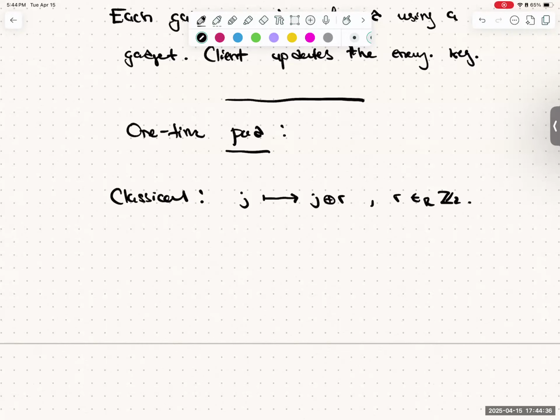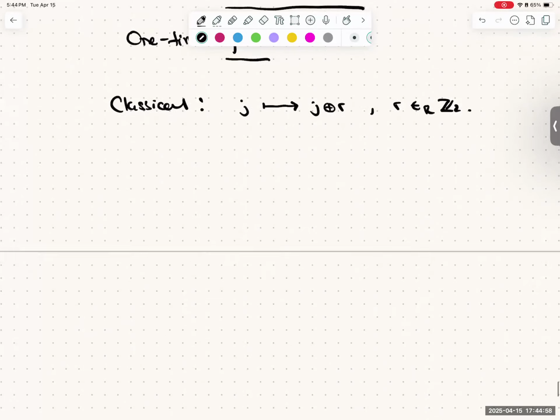In this case, the client would know what J is and also know what R is. Then the server maybe performs some computations on J, but ultimately the client knows to undo the additional bit R, and they know exactly what it is.